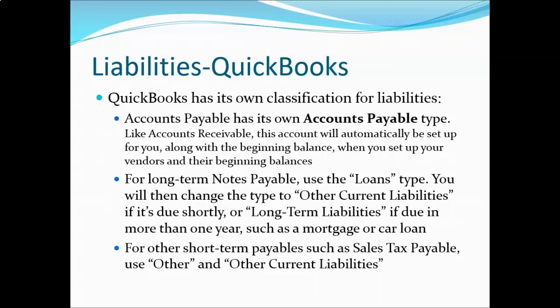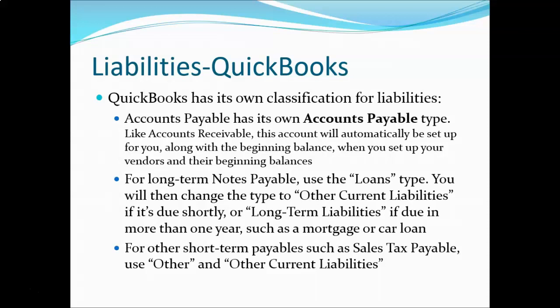If you are not setting up vendors separately to keep track of each vendor's bills that you owe, then in that case, you will need to set up an accounts payable account, and then you'll go ahead and call that under type accounts payable as well.